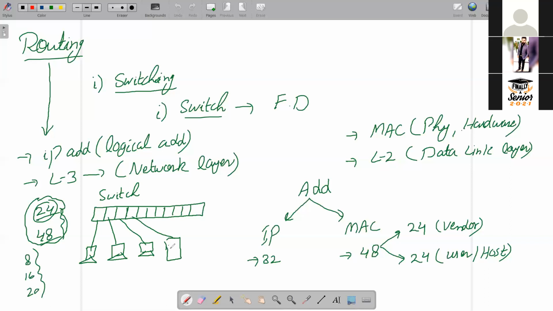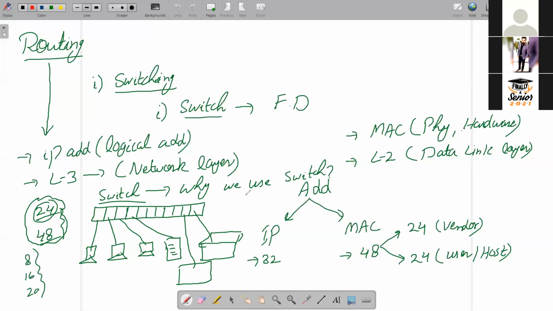This might be a server, there might be a printer, some storage device. So we can add multiple devices on the switch. So my first question is, why do we use a switch? This is my first question to all of you.